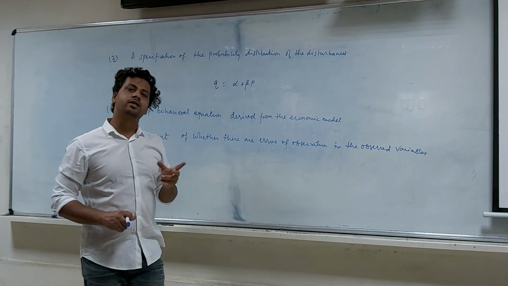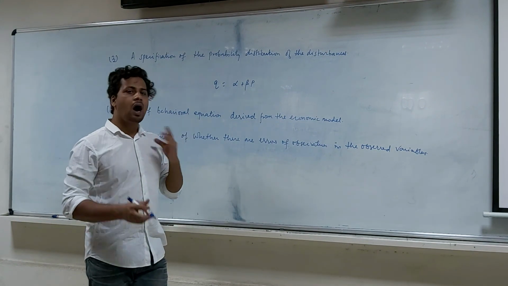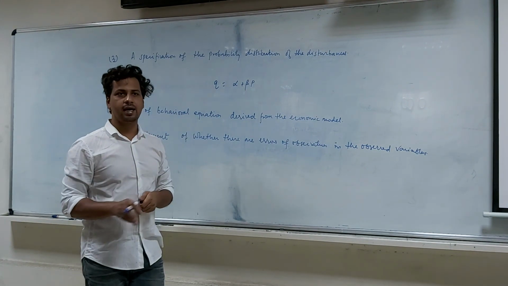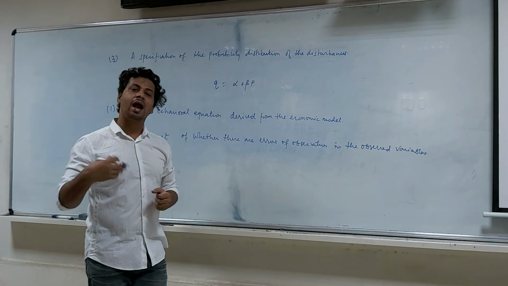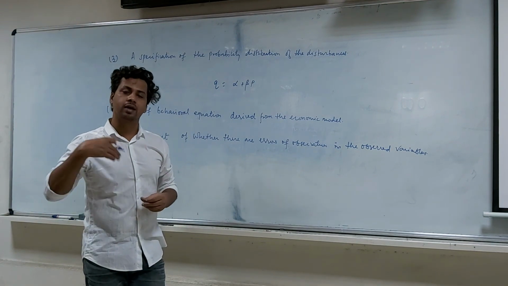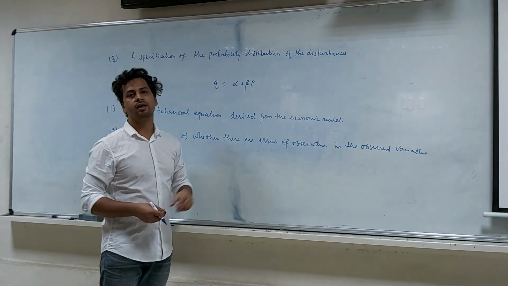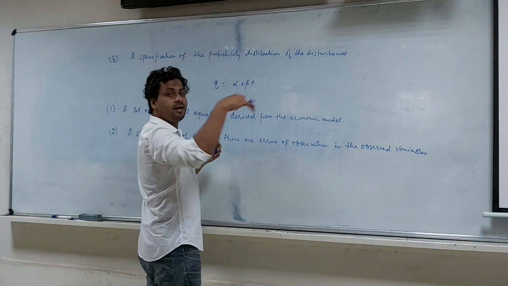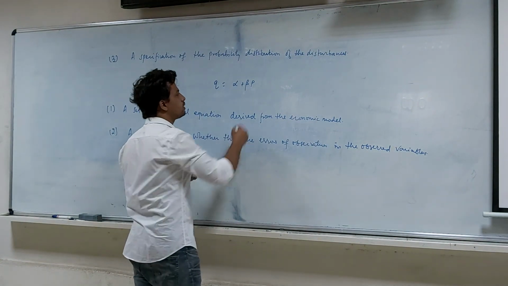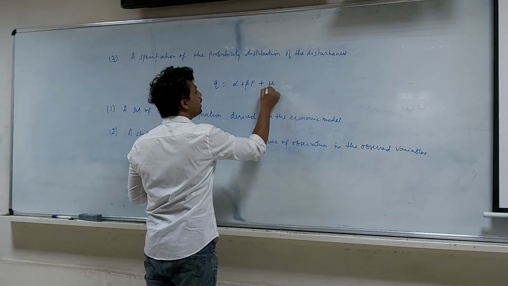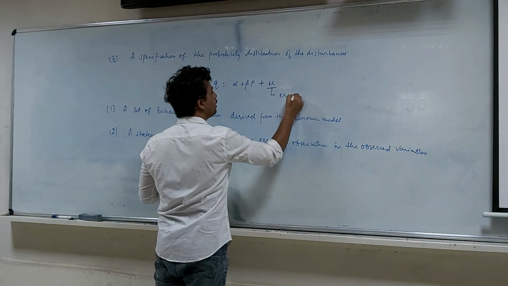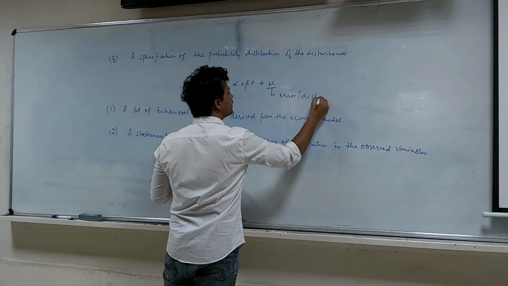How econometrics moves forward is that there's an element of randomness, an element of stochasticity, that otherwise disturbs a precise mathematical relationship. And that stochasticity is included in what is called an error or disturbance.